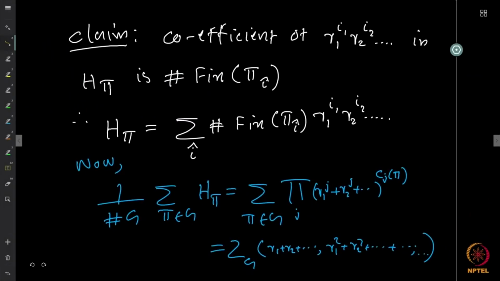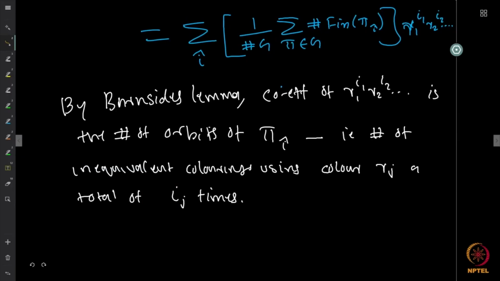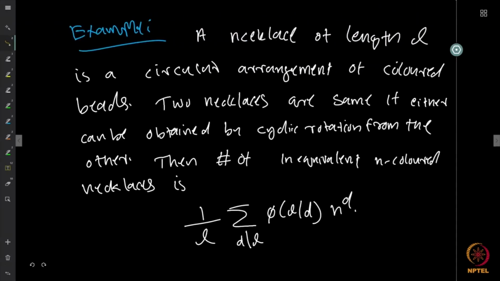So now let us look at some examples. Go back to this, make sure that you understand the theorem well, and then we can look at the example. So one of the standard examples that you give is that of counting of necklaces.